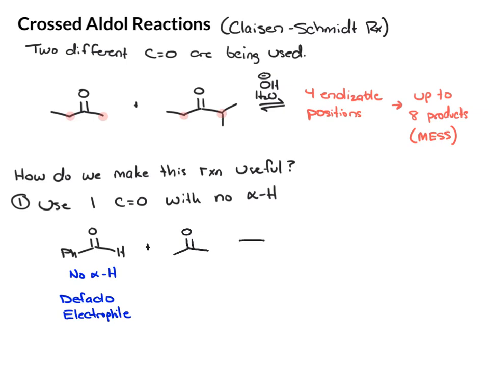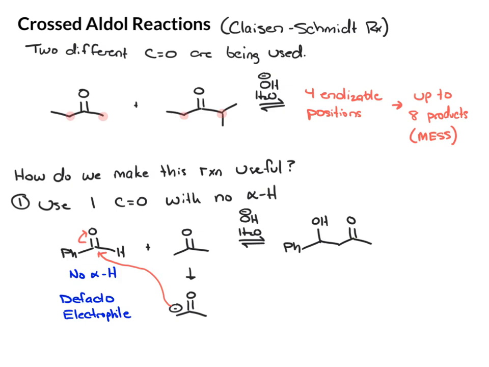So now if you react these under our conditions of base and water, we can draw the enolate we'll get, and that's the enolate of acetone. That will attack our electrophilic carbonyl. And once that gets protonated, that O minus becomes an OH.